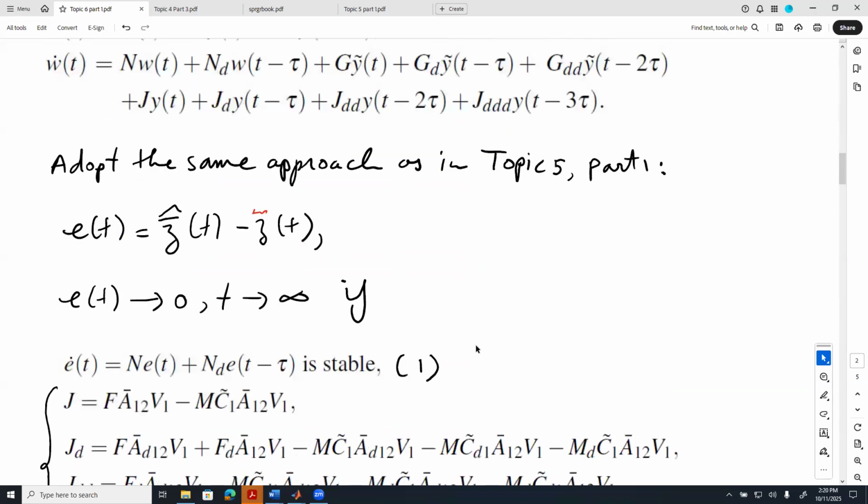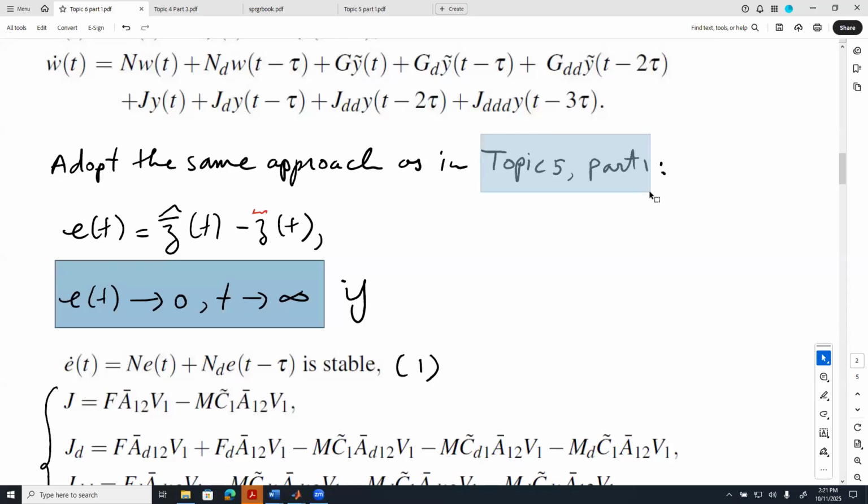All right, so the approach in here is to define an error vector, which is the difference between the estimated one and the actual one, and then take its derivative with respect to time, and ensure that the error vector goes to 0 as time goes to infinity, in the same way as we did in the previous topic.